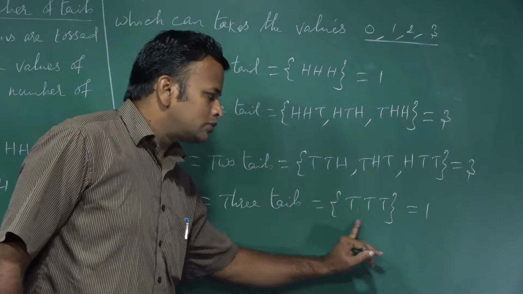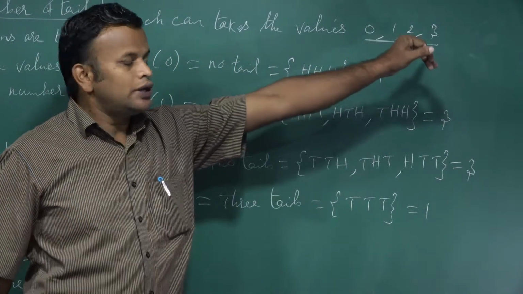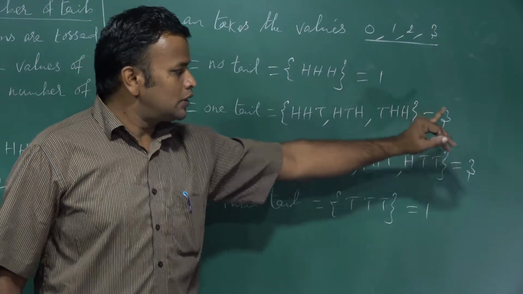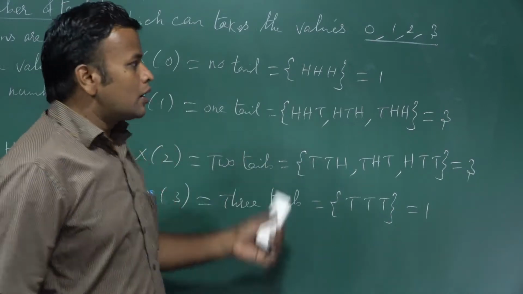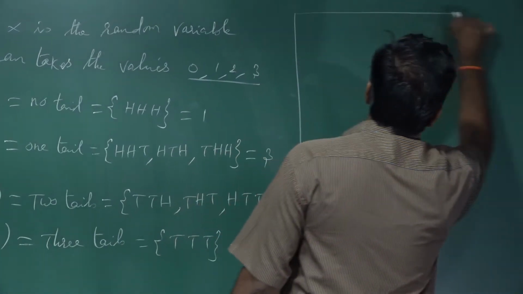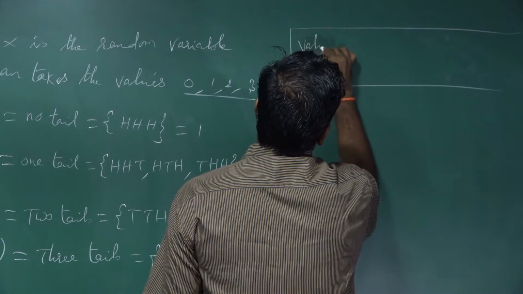In the remaining, there is no 3 tails available. So the random variable values are 0, 1, 2, 3, and the number of points in the inverse image is 1, 3, 3, 1. For convenience, we form a table. In the first row, we write the values of the random variable.